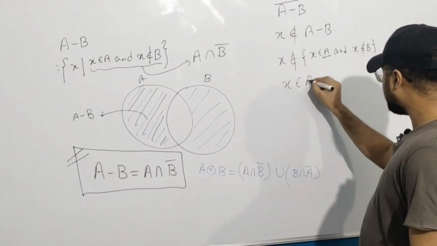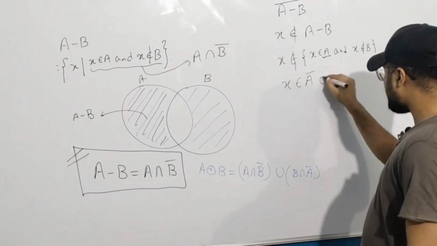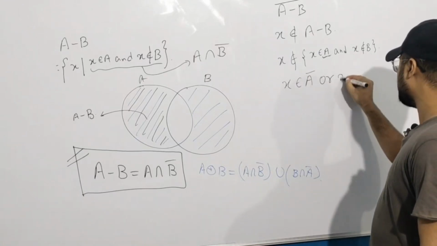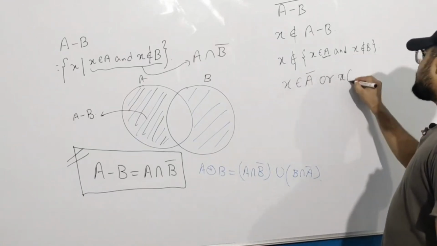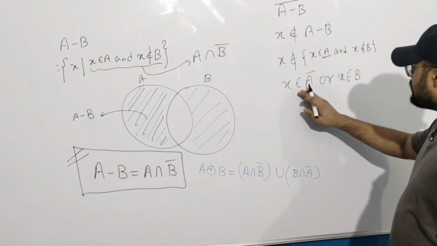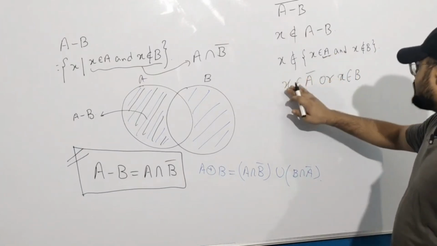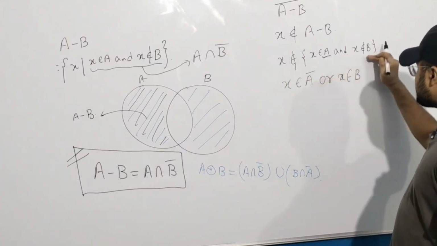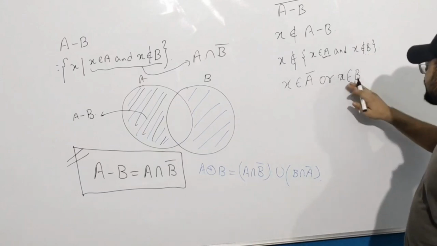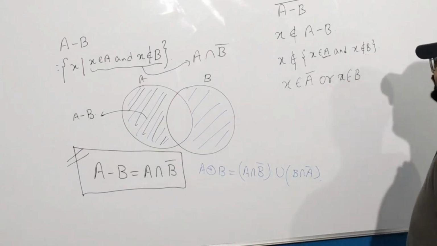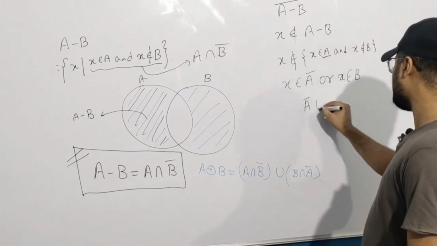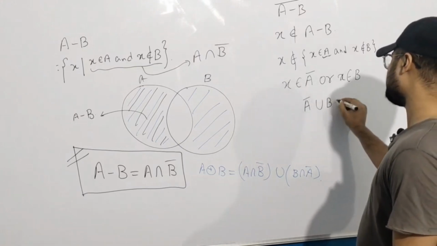X belongs to A complement, and it becomes or, X does not belong to B, means X belongs to B complement. So that is X belongs to A complement or X belongs to B. And this is nothing but A complement union B.